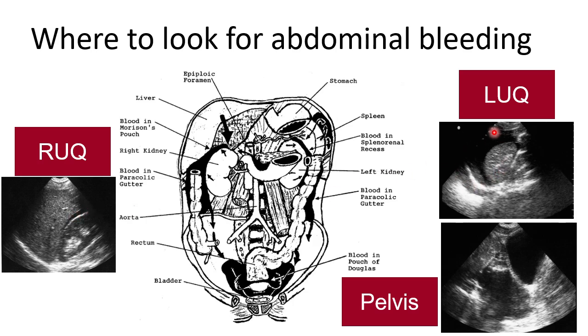In the left upper quadrant view, there is anechoic fluid here, and this is the spleen, so likely a hemorrhage around the spleen. Looking at the pelvis, this is a full bladder, and this is intra-abdominal hemorrhage in the pelvic area.